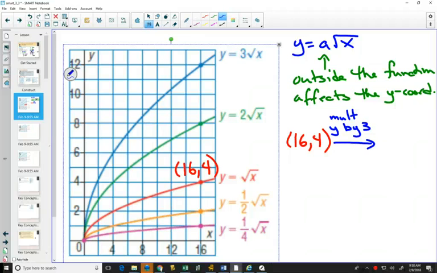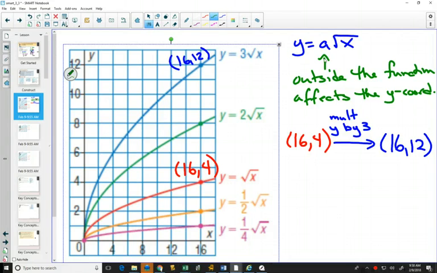So something outside of the function affects the y values, and it's going to affect them exactly by what you see. If you're multiplying by 3, you're going to take your y values and multiply them by 3. So we would get the point (16, 12), and you can see that that is what matched up with our graph.